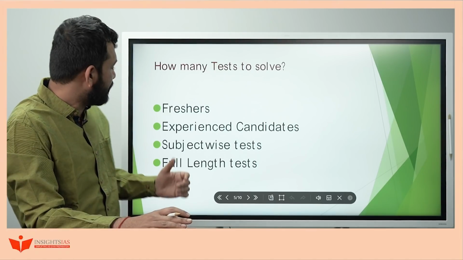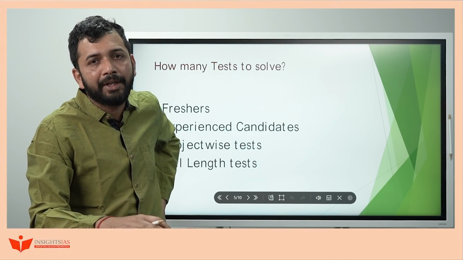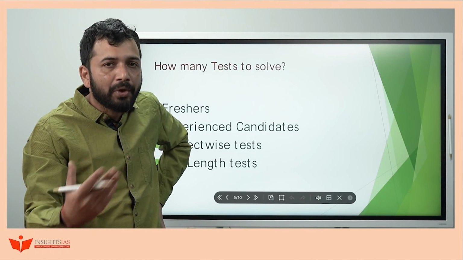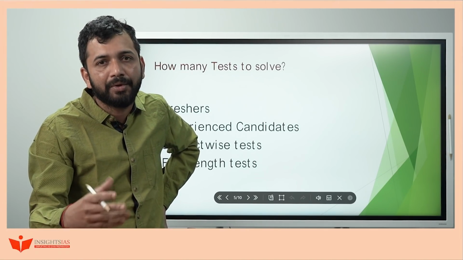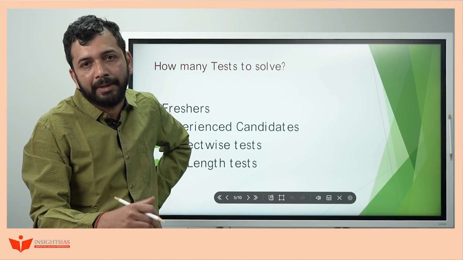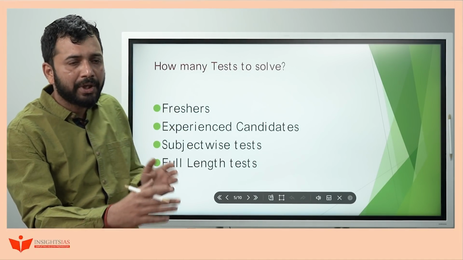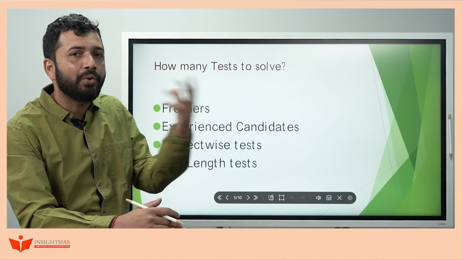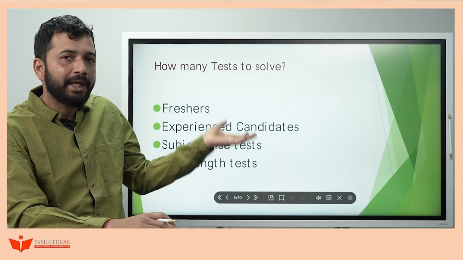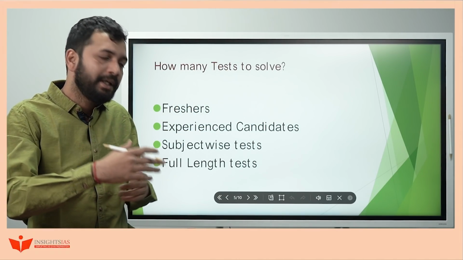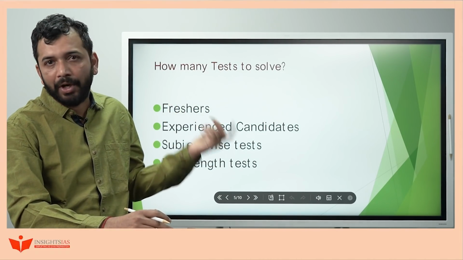However, if you are an experienced candidate, let's say polity is your strength and you are performing well in economy questions, at that point of time you give more emphasis to those subjects where you are weak. You can solve more papers in the areas where you are weak rather than spending the same time on the topics in which you are already strong.